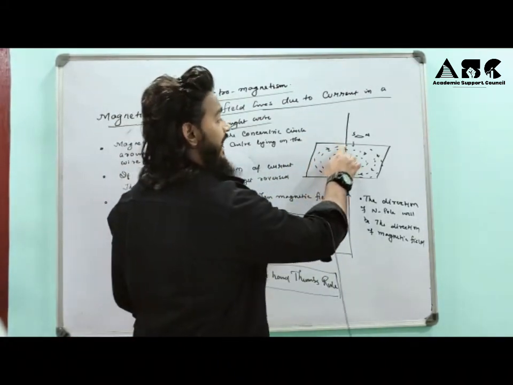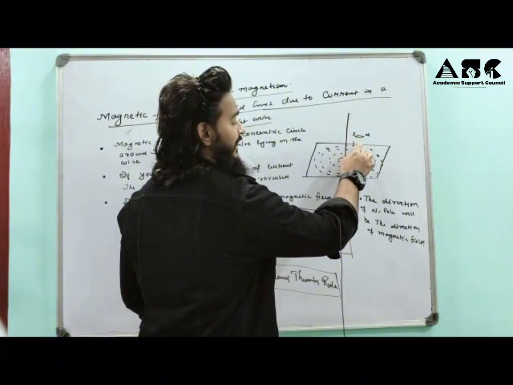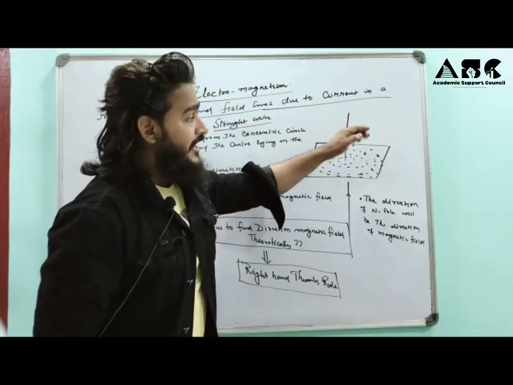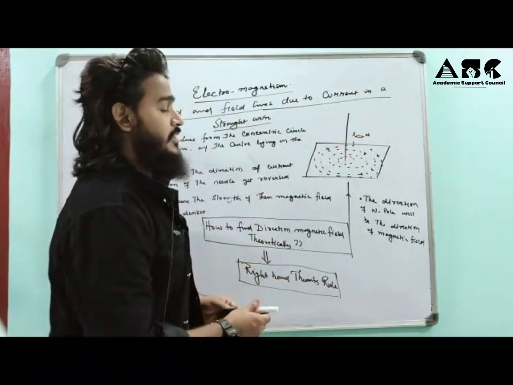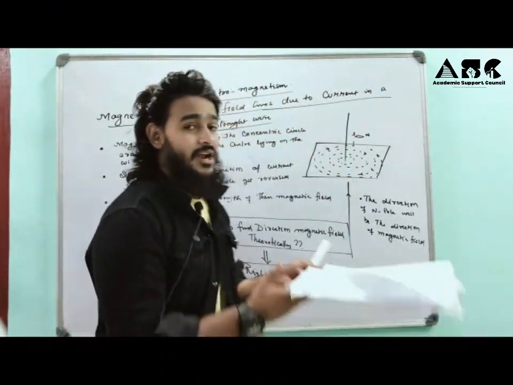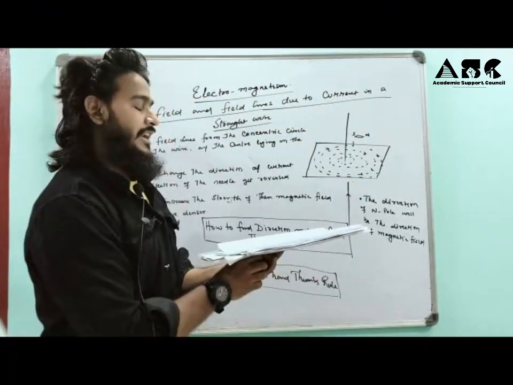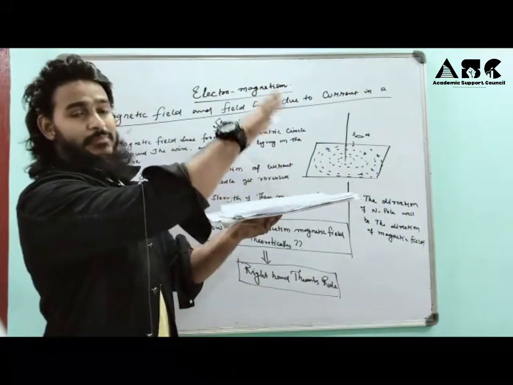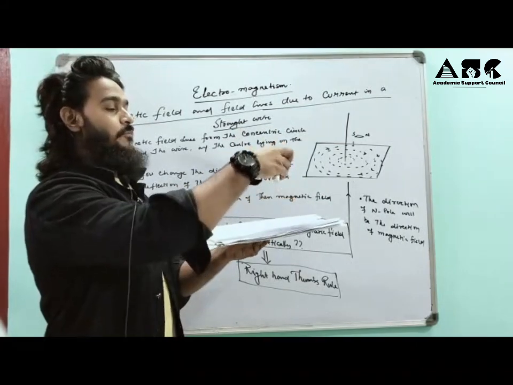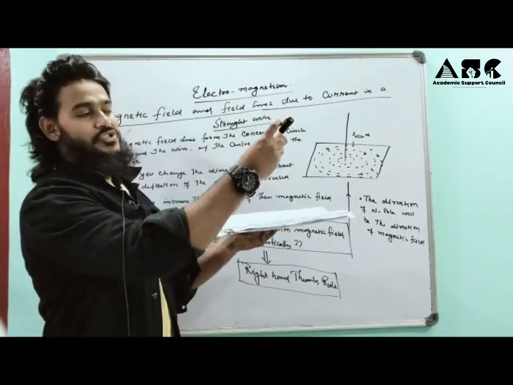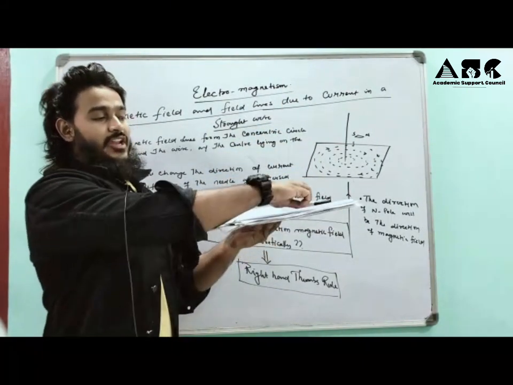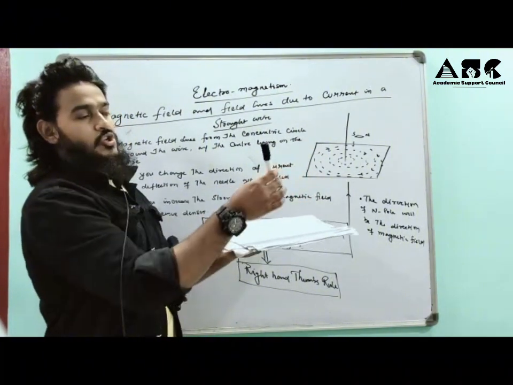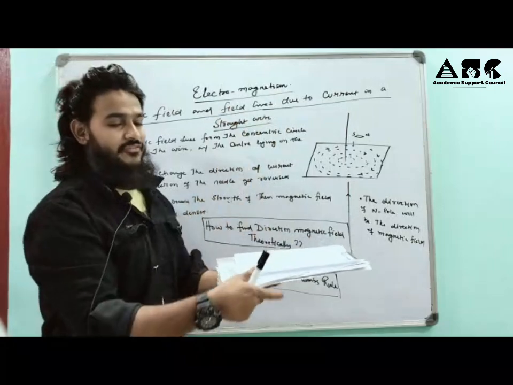If you place the magnetic compass or needle at any position, whatever the direction of the north pole is, that is the direction of the magnetic field. Suppose this is a cardboard, the wire is passing through this hole, current is passing through the conductor, and you place a magnetic needle here. Suppose this black portion indicates the north pole; the direction of the north pole here will be the direction of the magnetic field.